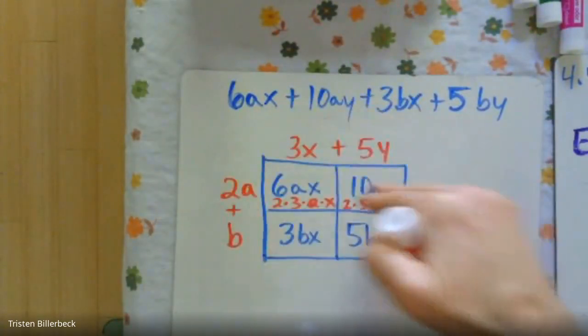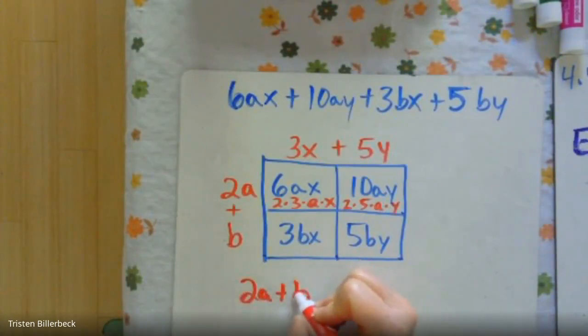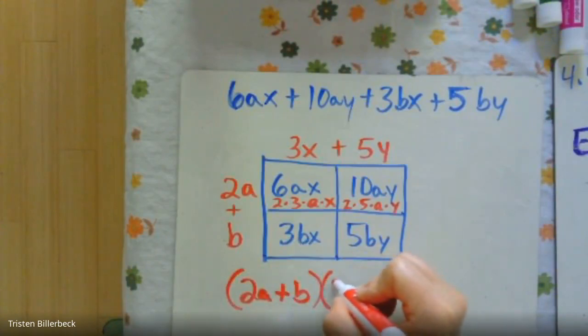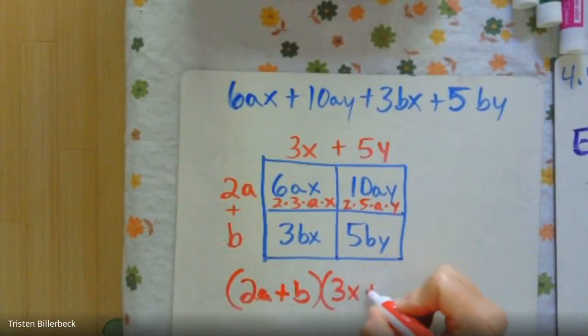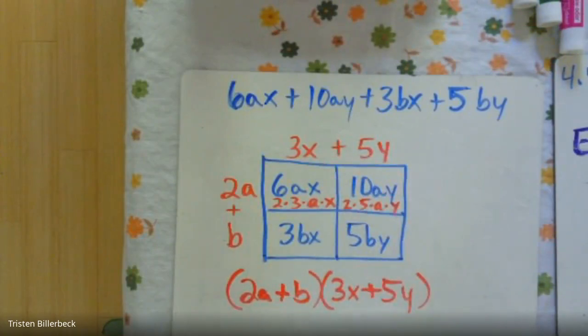So to get the full area, we can write 2a plus b times 3x plus 5y, which would give you the total area of this box that we just created.